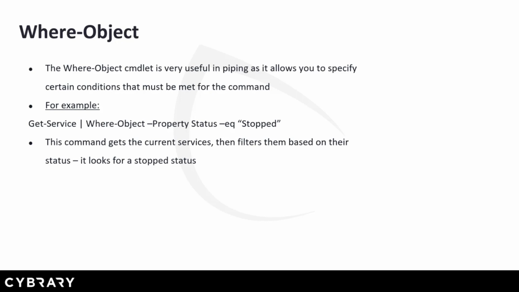So this one says status equals stopped, so it's going to look for where it says stopped, and it's going to show all the ones that are stopped. Now, one thing to notice is the -EQ. Usually you want to do -EQ instead of an equal sign when you're trying to say that something equals something in a PowerShell command.